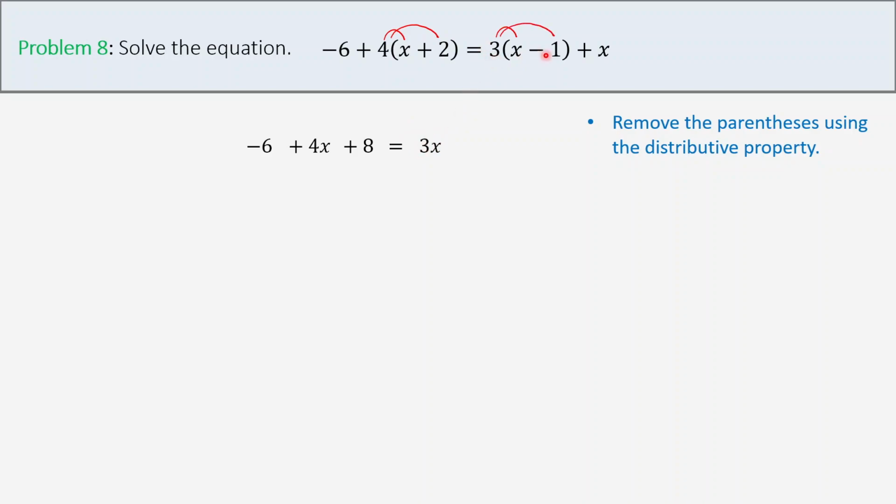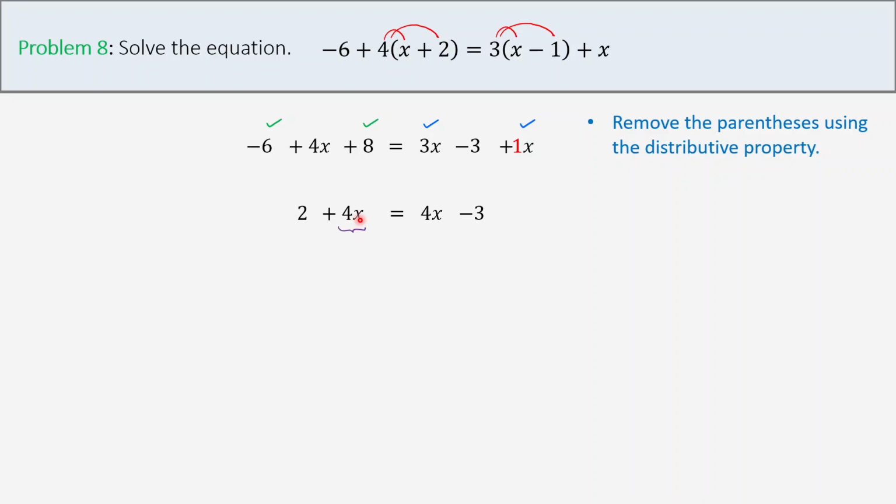Multiply 3 and 1, you get 3 plus x. Now simplify. You can add 6 and a positive 8, you get a 2 plus 4x is equal to add 3x and plus x. x means 1x, so 3x plus 1x is 4x minus 3.